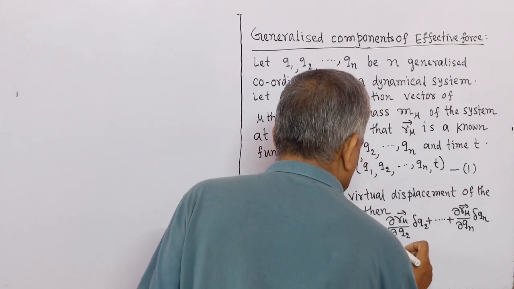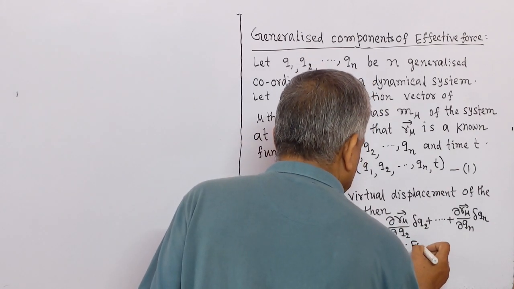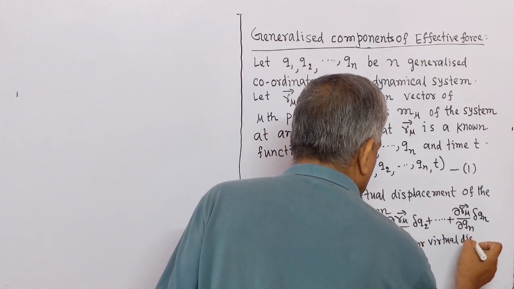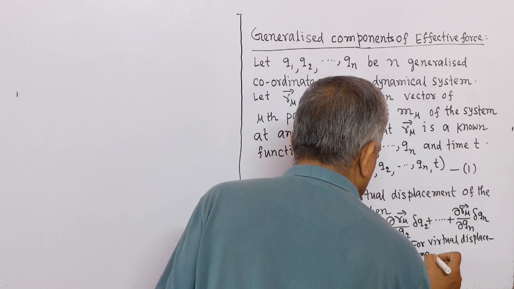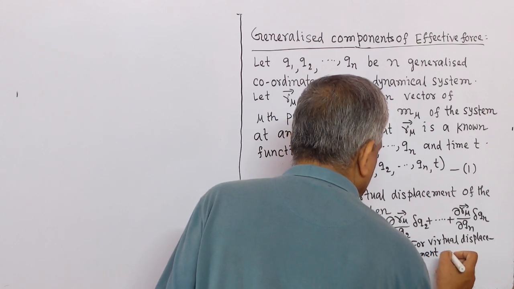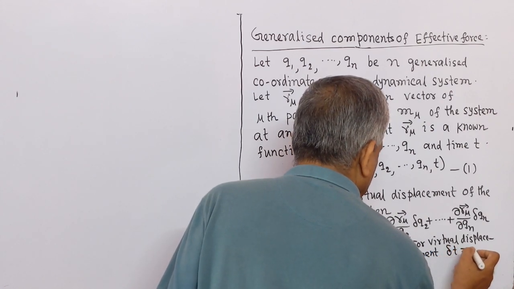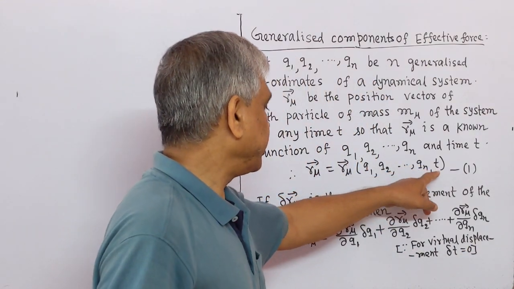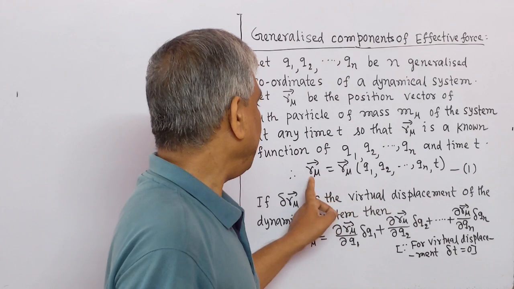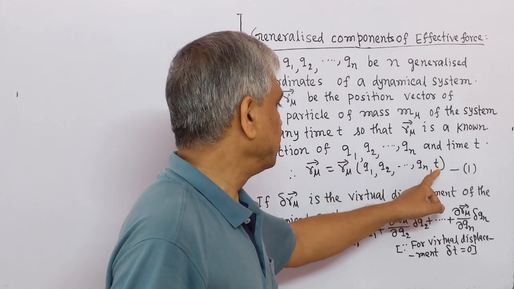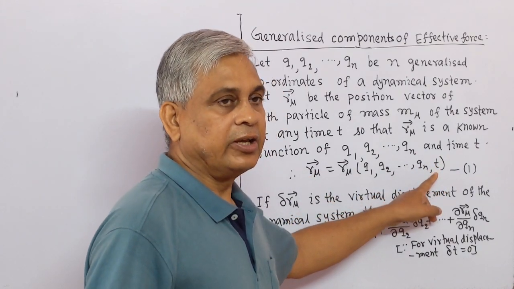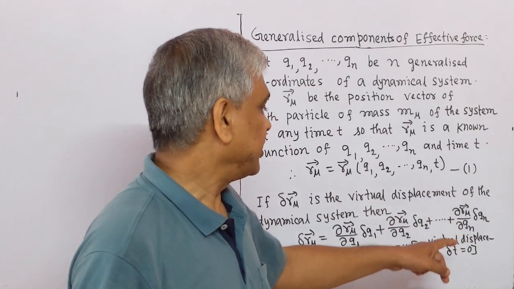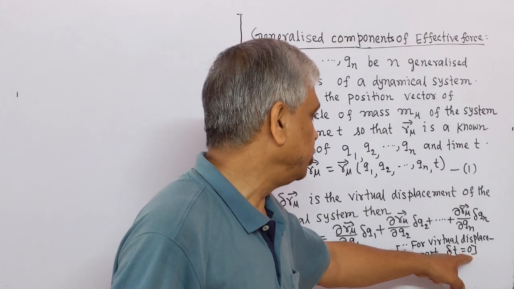Since for virtual displacement delta t equals 0, we have not differentiated r mu vector with respect to t, because the term delta t appears and that delta t equals 0.